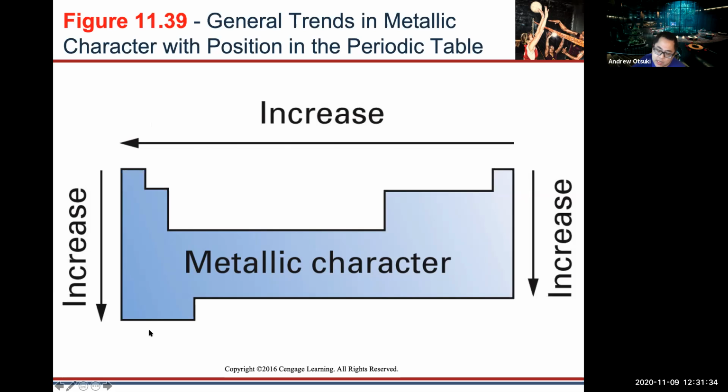And as we go down the table, we get more metallic character. And as you saw on that other slide, as we move from lithium to potassium, the reactivity actually increased. So that gives us an indication that our metallic character increases as we go down the periodic table.